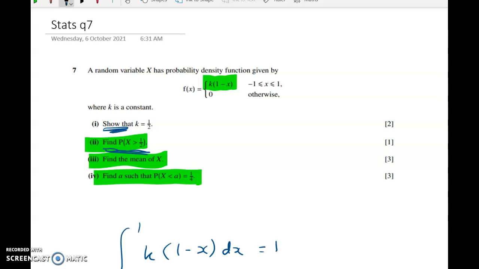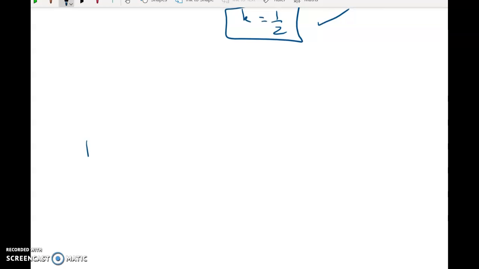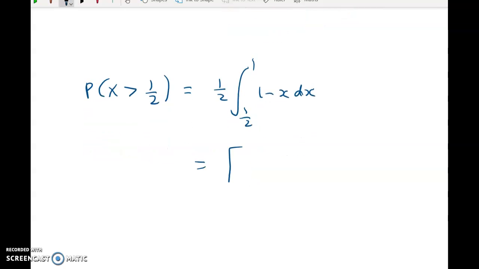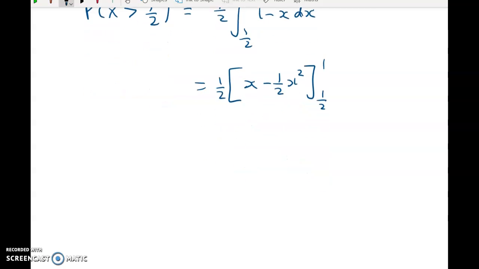Next, find the probability that x is greater than 1/2. So I'm going to want my upper limit at 1 and my lower limit at 1/2 of f of x dx. And we now know that k is equal to 1/2. So the probability that x is greater than 1/2 is equal to 1/2 times x minus 1/2 x squared, but now we're evaluating at different limits.